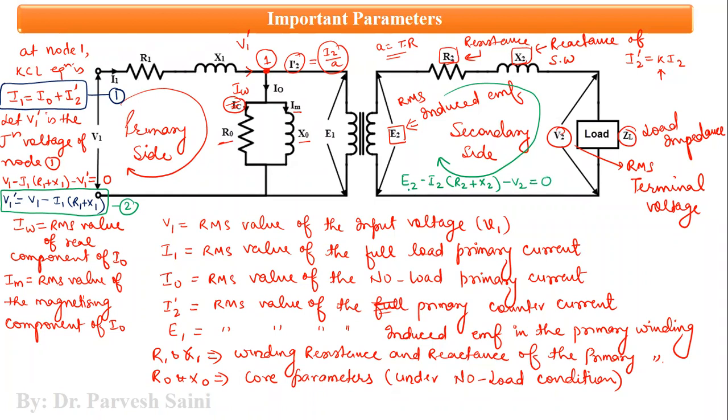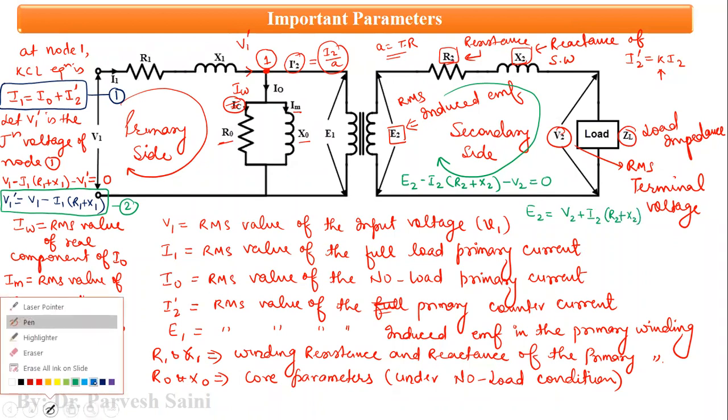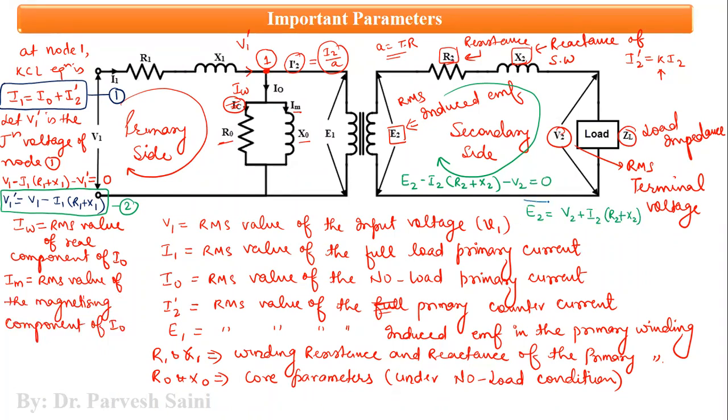So you can say that E2 is equal to V2 plus I2 (R2 plus jX2). Let us mark this as equation number 3. So now we have three equations, 1, 2, and 3. All these parameters are important, and we will require them while drawing the phasor diagram.